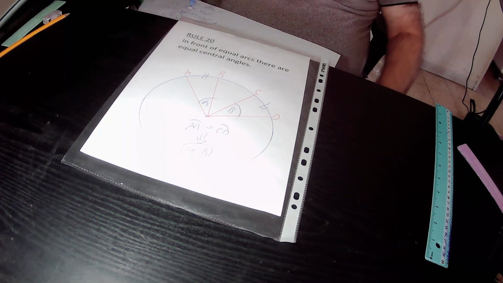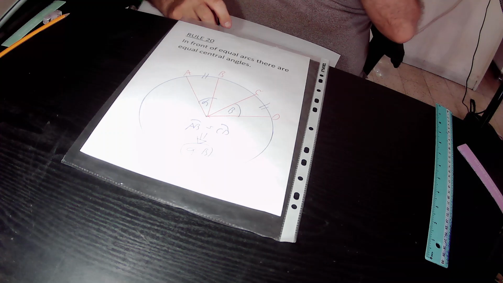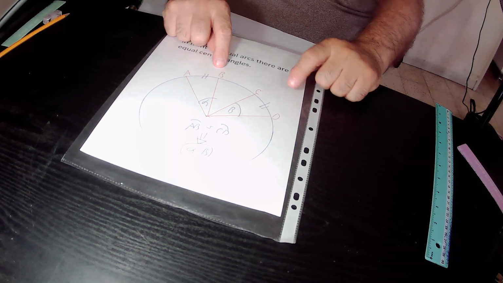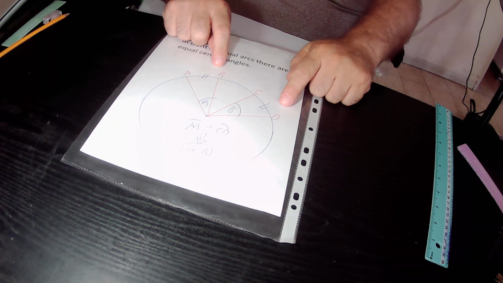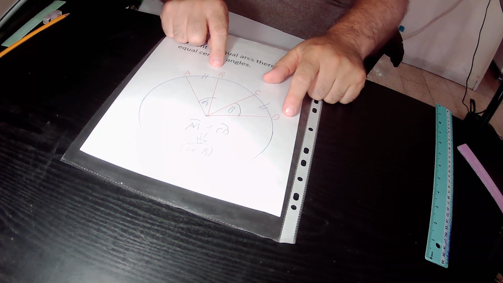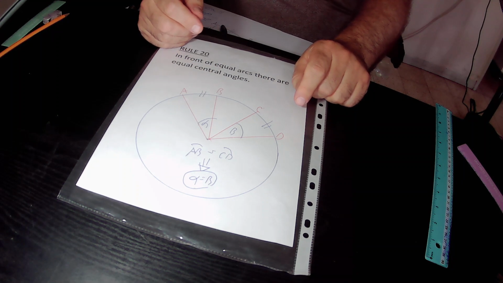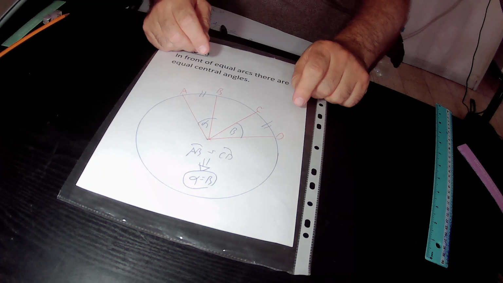So in the drawing, we have a circle, and inside the circle, we have arc AB that is equal to arc CD. According to this rule 20, in front of equal arcs, there are equal central angles.